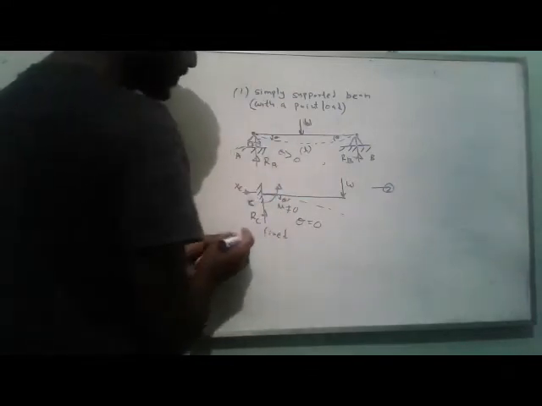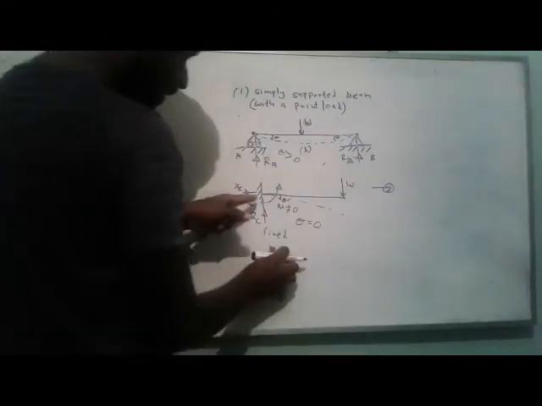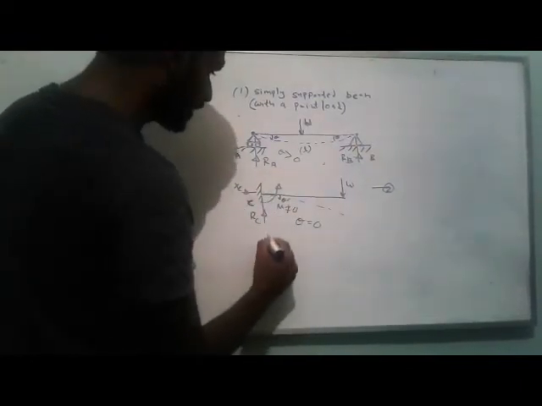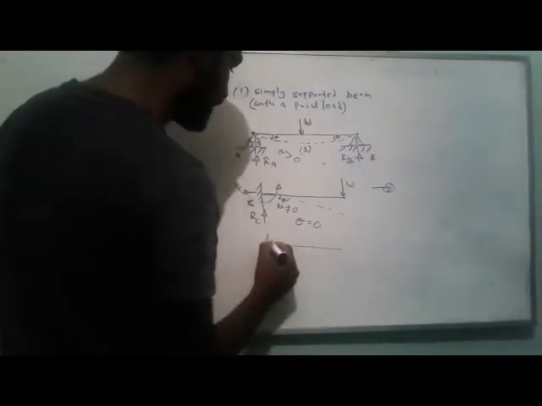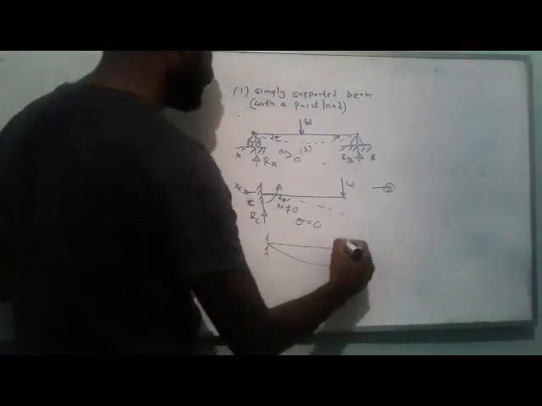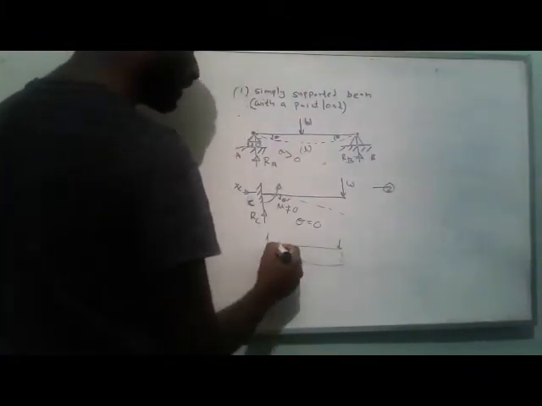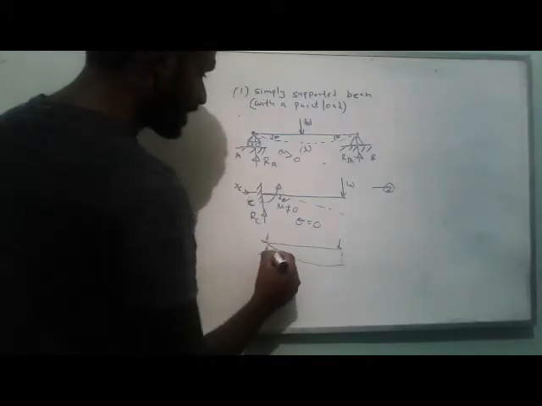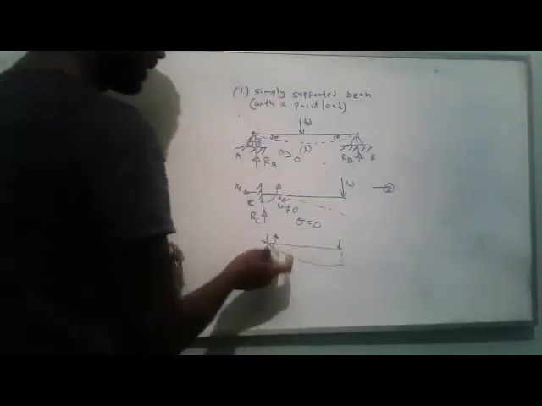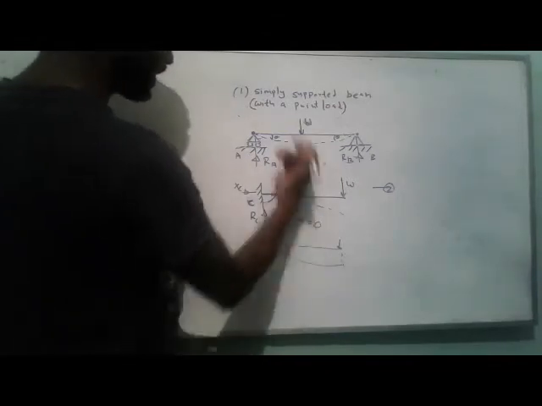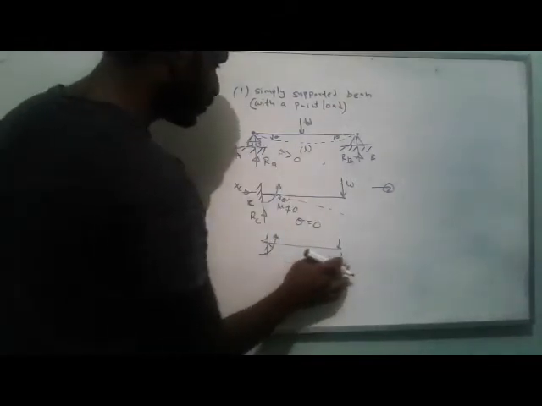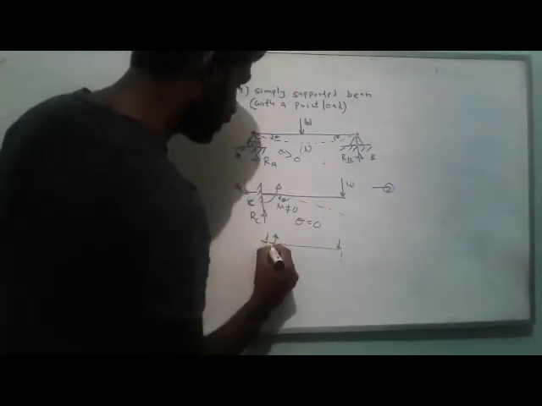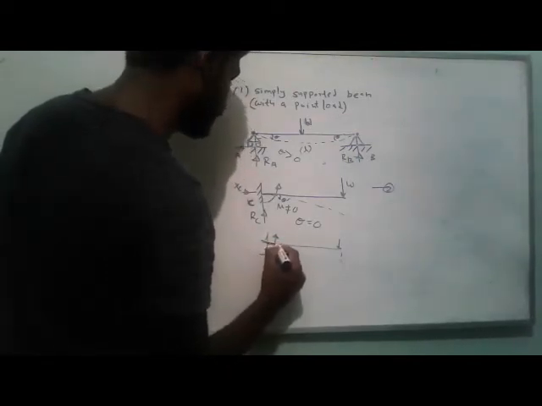But here, you think that this is a fixed end, due to this force, it tends to go like this. You think that, this is a fixed end, it tends to go like this. Due to this load, it tends to go like this. But here, it's a fixed end, it creates a movement in the upward direction like this. Therefore, it cannot move like this. This movement is 0.